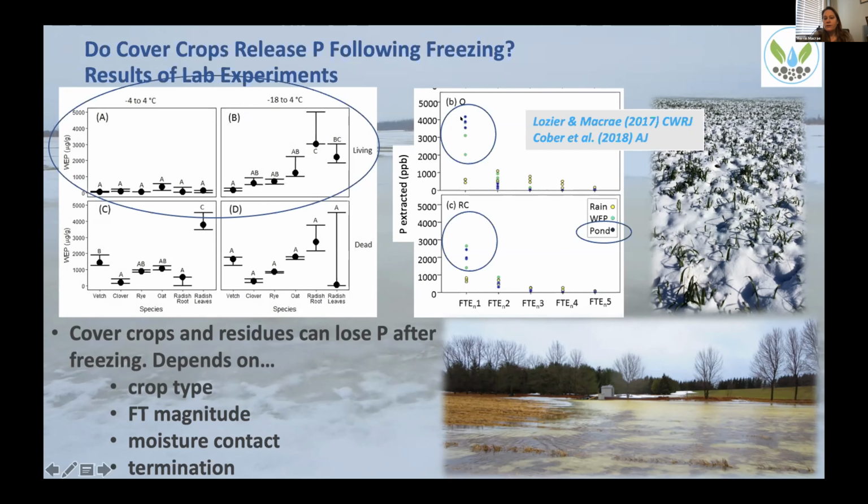In areas prone to being inundated by water, cover crops in the spring are at far greater risk of releasing phosphorus following a freeze-thaw cycle. So yes, cover crops can release P after freezing, but it depends on a lot of things.